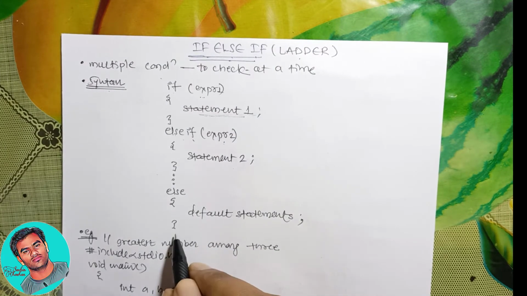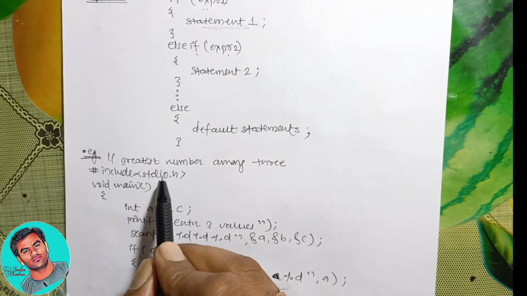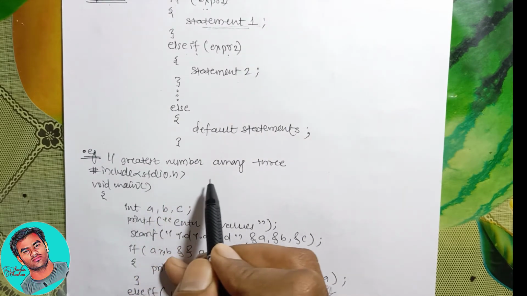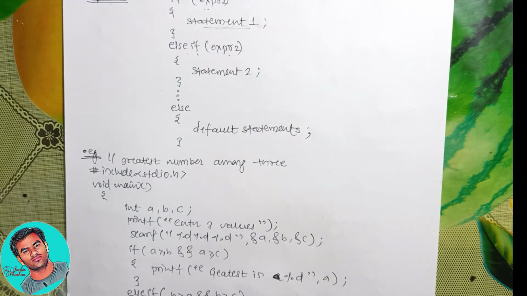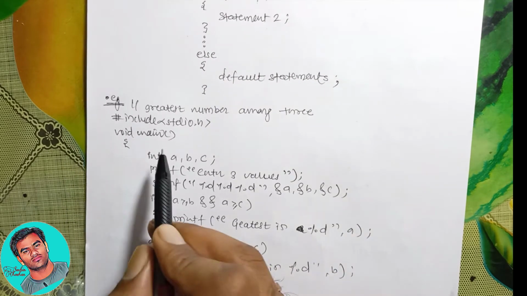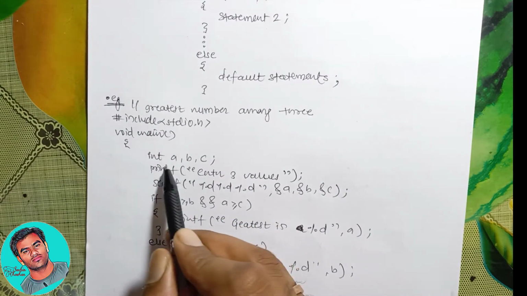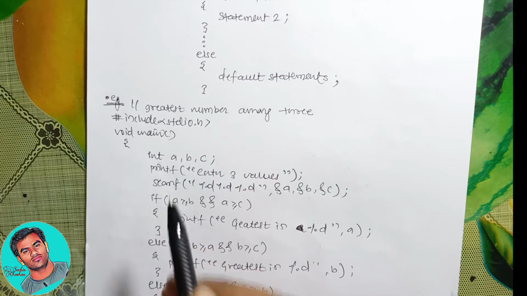Okay, so let's check with a program: what is the greatest number among 3? There are 3 numbers entered by the user, and we need to check which one is the greatest. So #include <stdio.h>, starting main, and then a, b, c as integer variables.